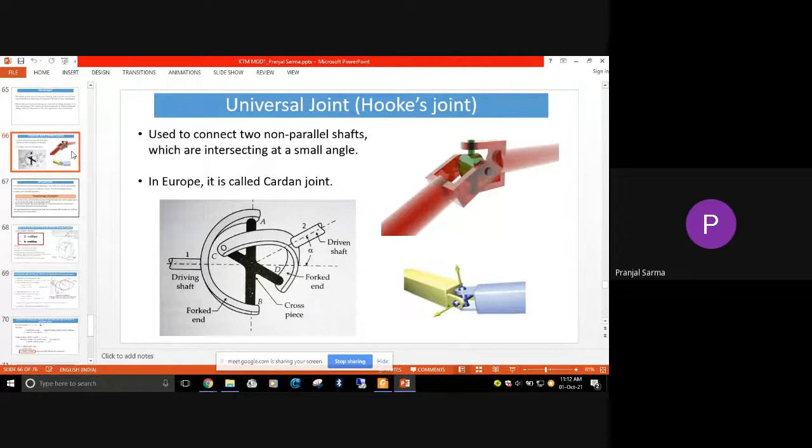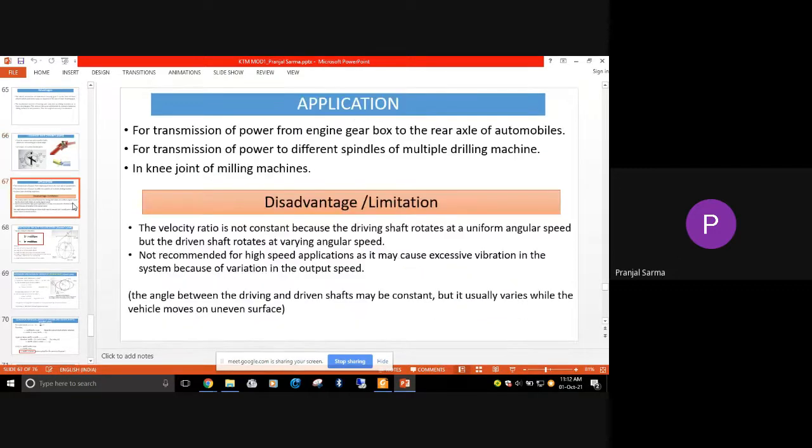We have seen that this particular type of joint is used to connect two shafts which are not parallel but are intersecting at a small angle. There are the driving shaft and the driven shaft. They are connected by a cross piece, and the two ends of the driving shaft and the driven shaft were made like forked ends so that the cross piece can enter there. Whenever the driving shaft is rotating, the driven shaft gets the motion from it.